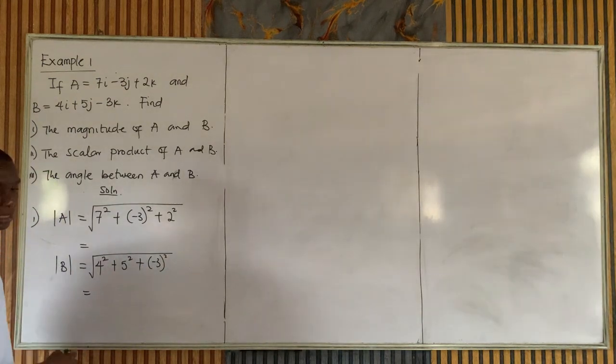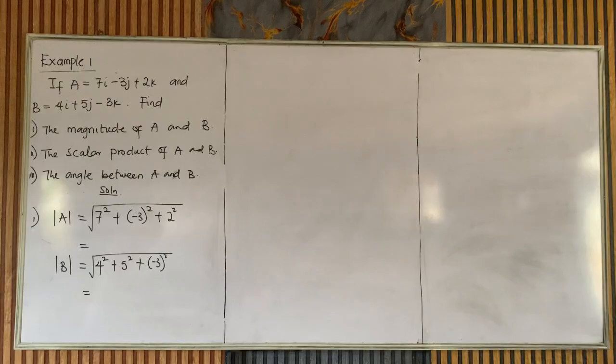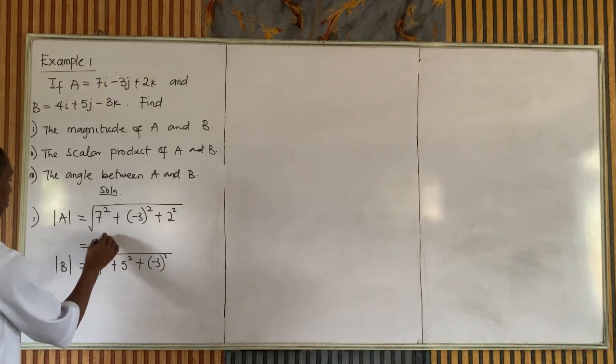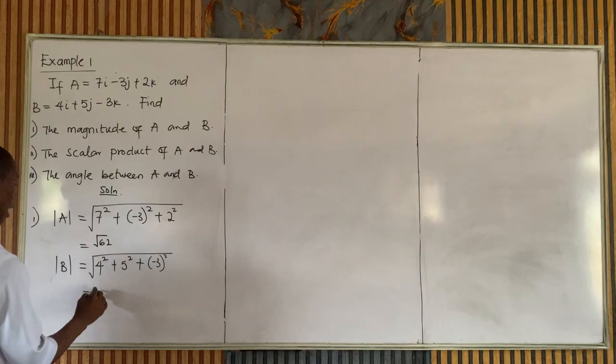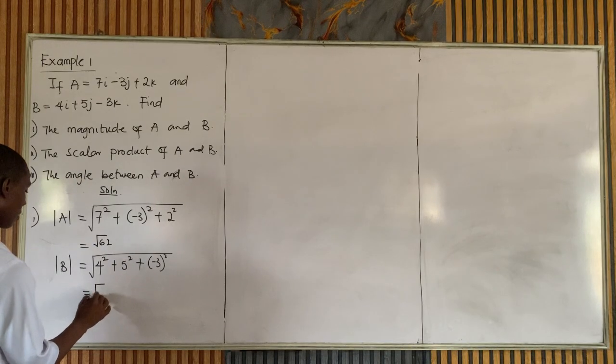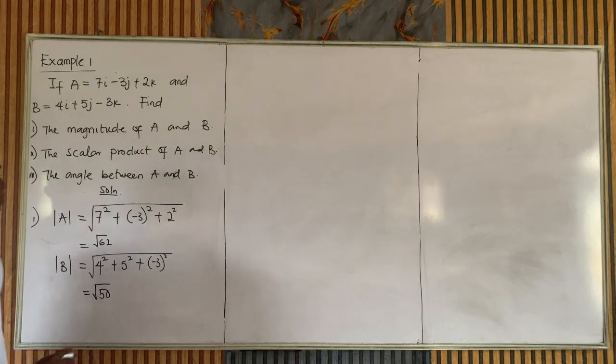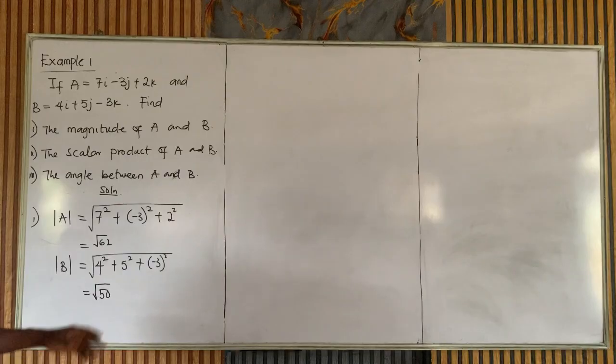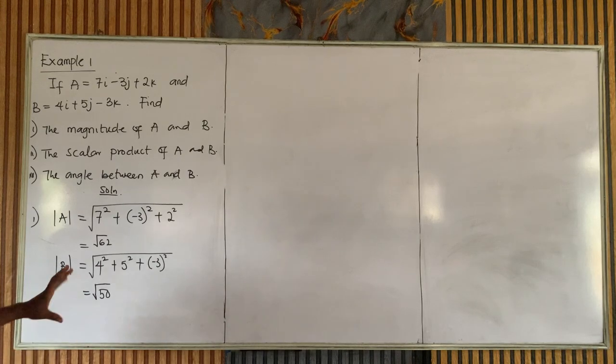So let's put down the answers now. This gives us root 62, and this gives us root 50. You can choose to express this in decimal. That will be 7 point something as well. But we can leave the answer in a short form like this.